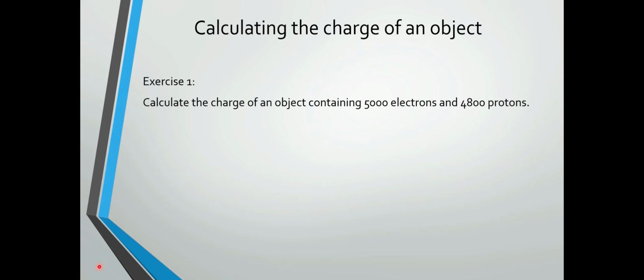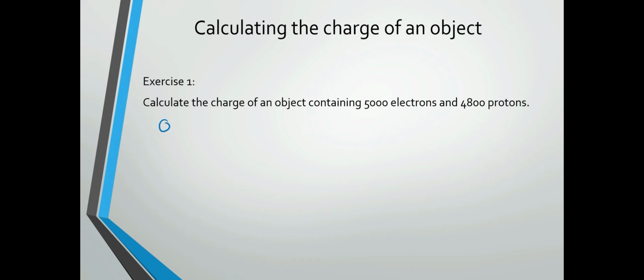Let's take an example about this and see how to solve it. Calculate the charge of an object containing 5,000 electrons and 4,800 protons.